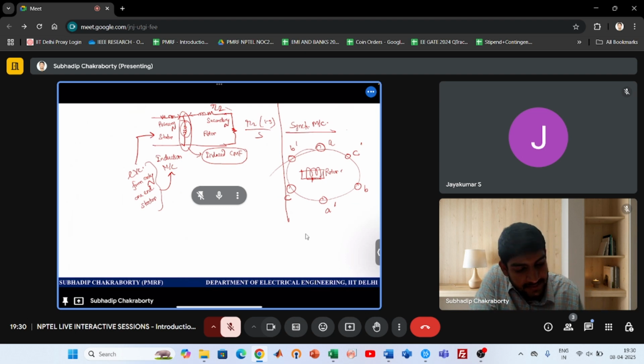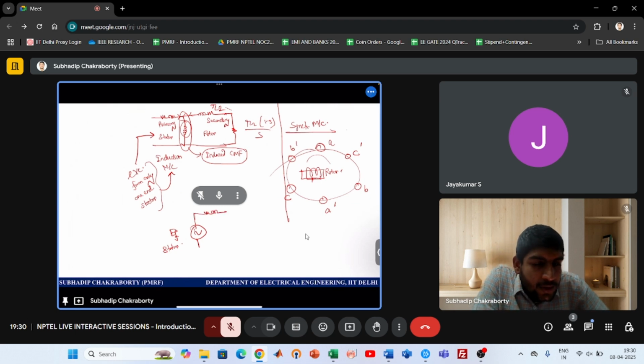So this rotor will induce some EMF in the stator. And this EMF will pass through a series of coil resistance and reactances and lead to the generation of voltages.